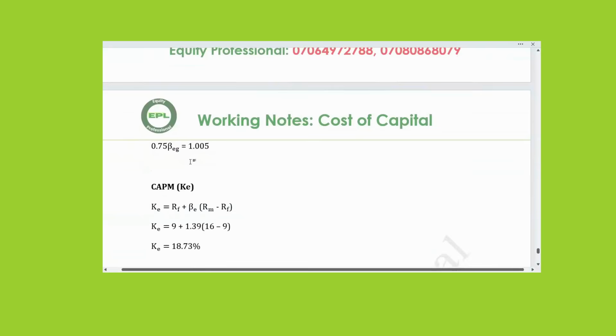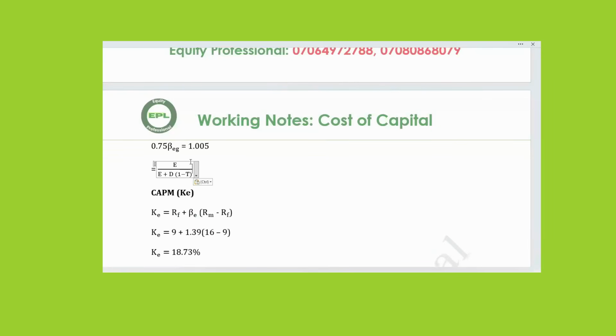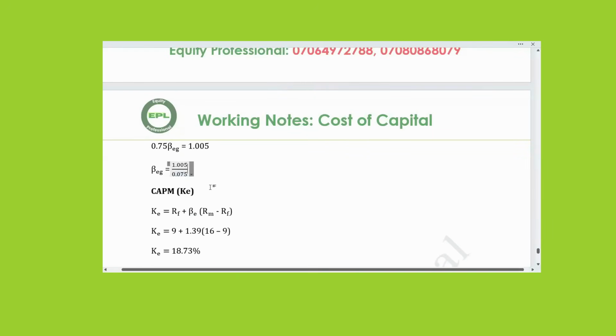Therefore, beta equity of the geared company will be equal to 1.005 divided by 0.75. So what do we have there? 1.34.